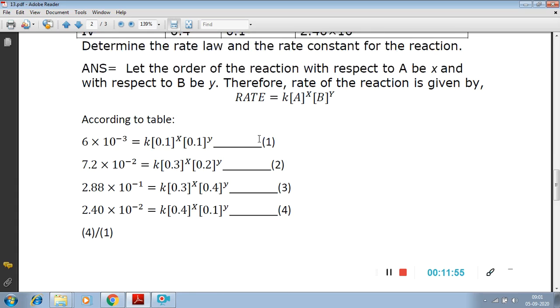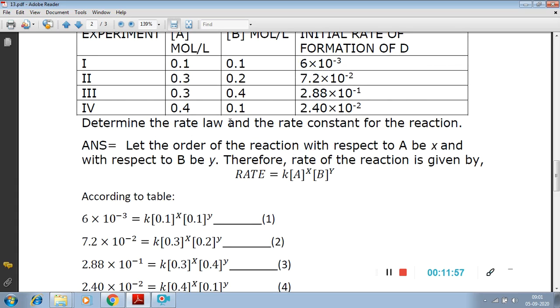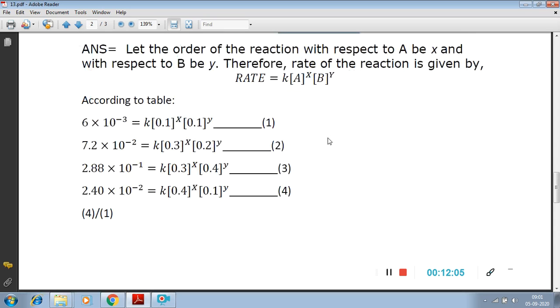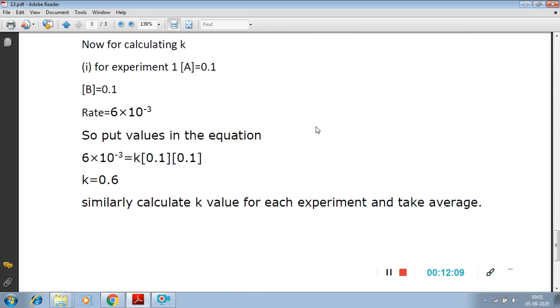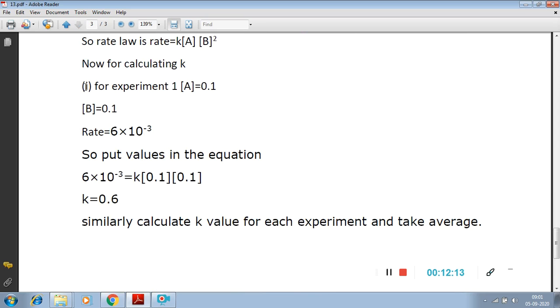Now you can see the second thing asked in the question is the rate constant. Rate constant k also we have to find out. For that, this calculation is for the k value.